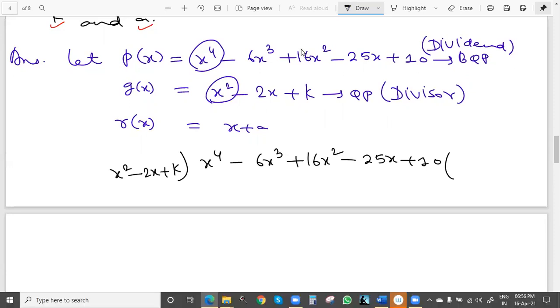So x to the power 4 minus 6x cube plus 16x square minus 25x plus 10 is the dividend, the divisor is x square minus 2x plus k, and we'll see one by one what values we get in the quotient and remainder.